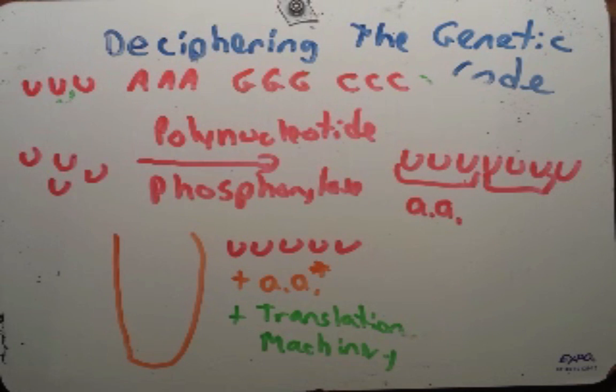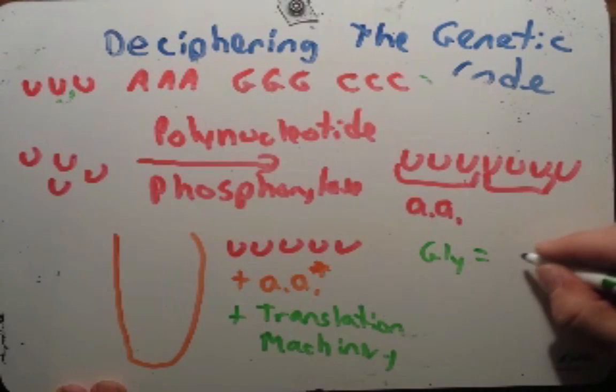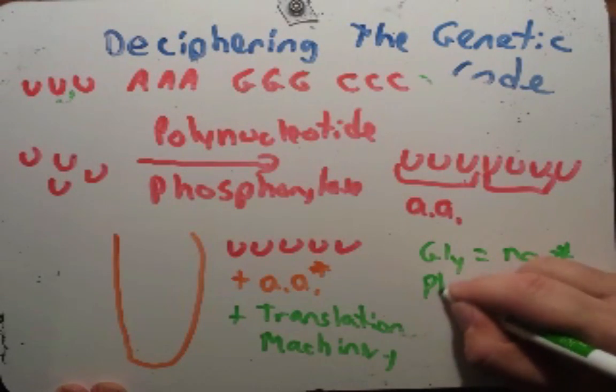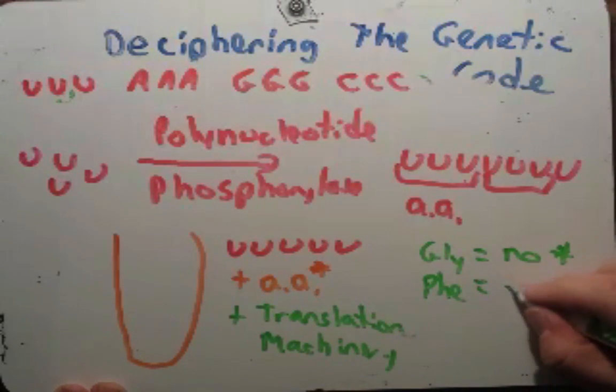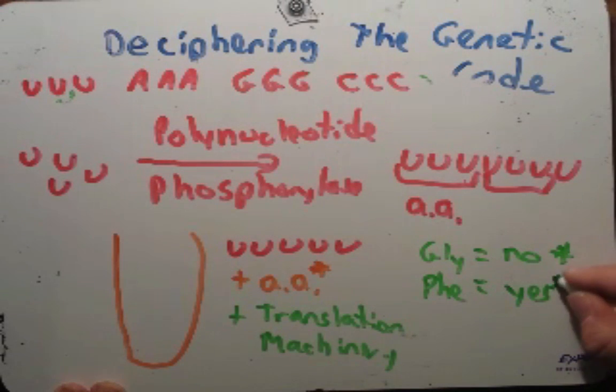So for UUU, when they put only glycine present, there was no radioactivity. And they did this for all of them. Eventually they came across phenylalanine. When they put the amino acid phenylalanine in here, and it was radioactive, with this UUUUU sequence, it became radioactive.